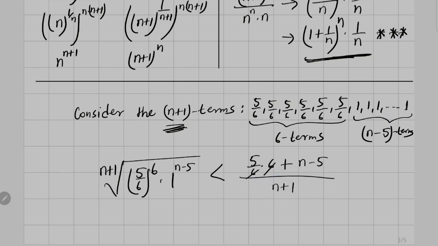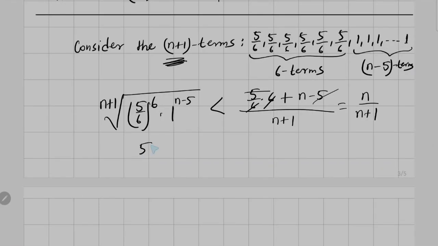Here the 6 cancels and 5 minus 5 cancels, so it is n/(n+1). Taking both sides to the power n+1, the left hand side is (5/6)^6, which is less than (n/(n+1))^(n+1).